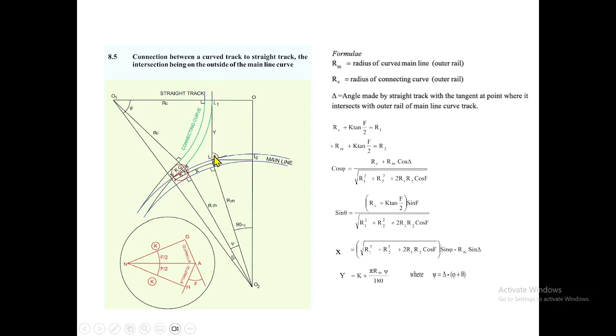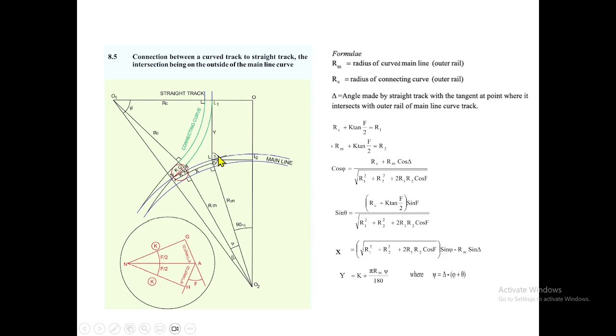This delta is known, the coming line is known, and the radius we are fitting. RM, the main radius, we already know, and the connecting radius we are feeding as input. This delta is also an input, because when the line is coming, the angle it makes with the main line tangentially is what we measure.